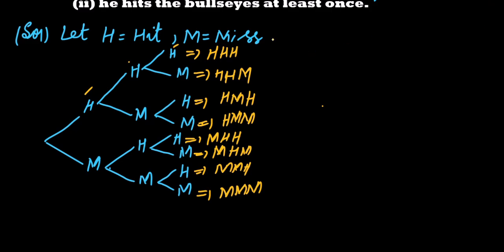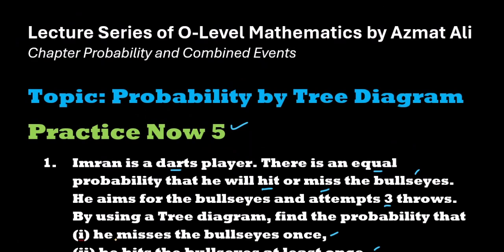Now we have to calculate the first part: he misses the bull's eye once.